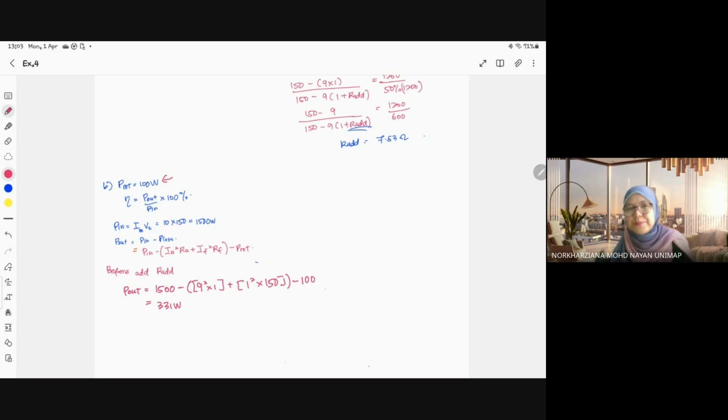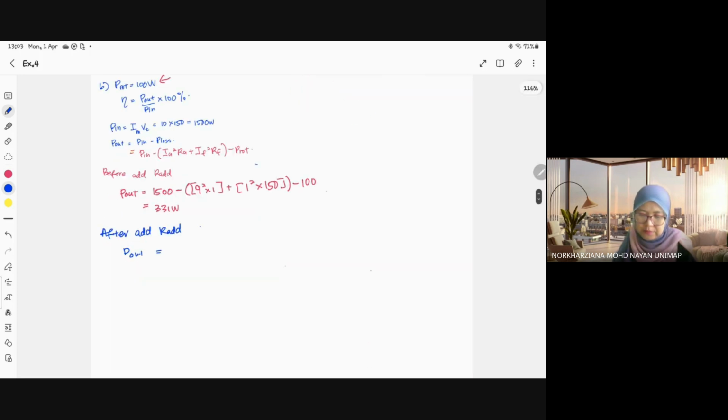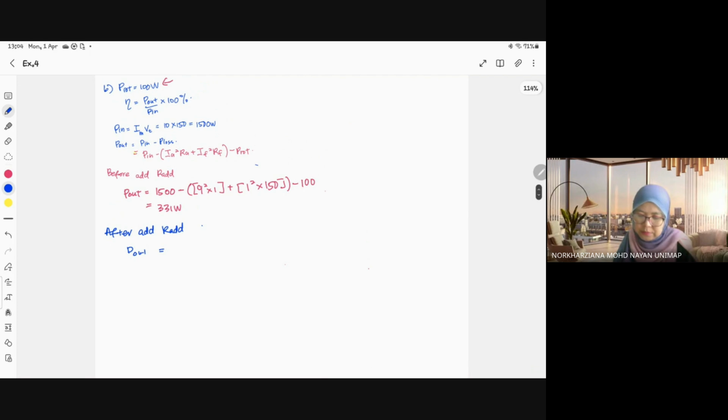331 watt. Okay. Now after additional resistance, your P out. Ni P out 1, this one is P out 2. P in is still the same because you are not changing the V or the current supply also not changes.